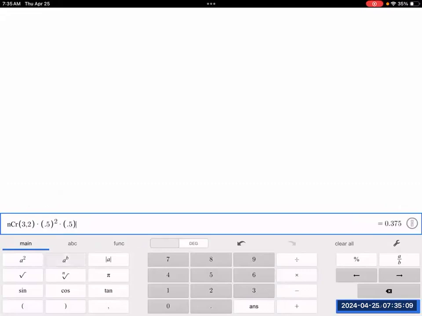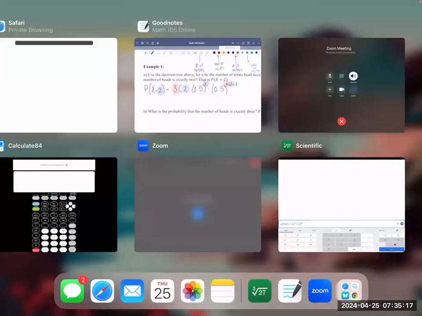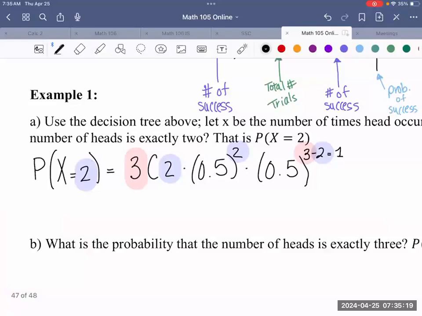And I'm going to show the exponent no matter what. I know it's just 1, but we have 37.5%, or 3 out of 8.